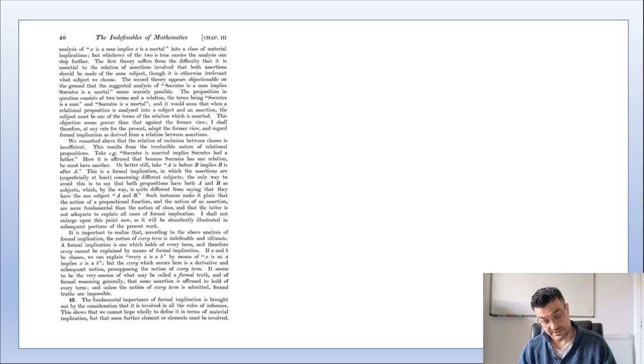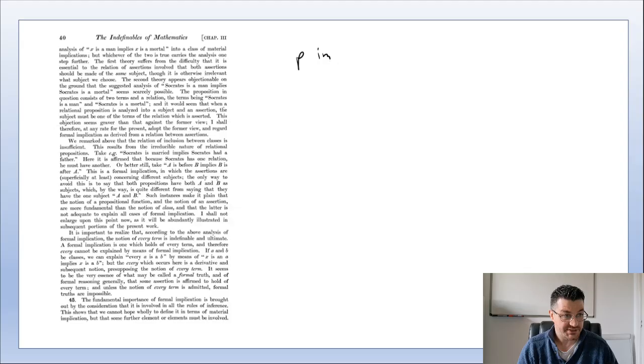He's talking about if we've got P implies Q and P asserted, then we can assert Q.